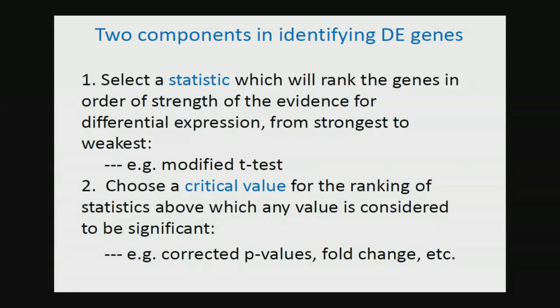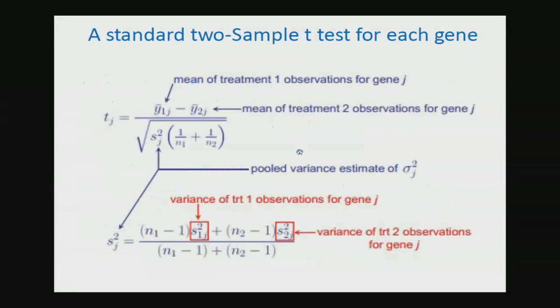So I shouldn't say a critical value, it should be a set of criteria, a combination of critical values for the ranking of statistics. Look at the fold change, usually the absolute value of fold change, and the corrected p-value. They use that for a volcano plot. Yeah, I'll talk about that.